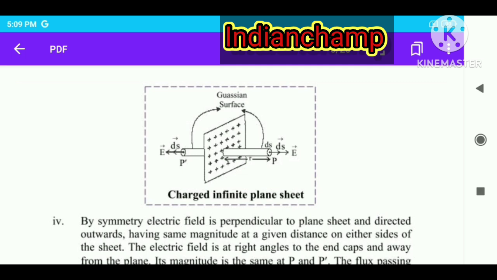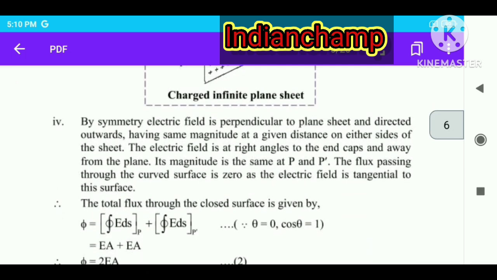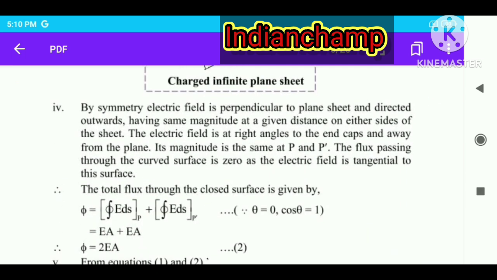Fourth, by symmetry the electric field is perpendicular to the plate sheet and directed outward, having the same magnitude at a given distance on either side of the sheet. The electric field is at a right angle to the end caps and away from the plane. The magnitude is the same at P and P dash. The flux passing through the curved surface is 0 as the electric field is tangential to the surface.